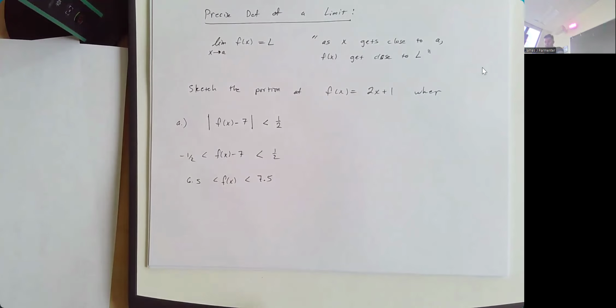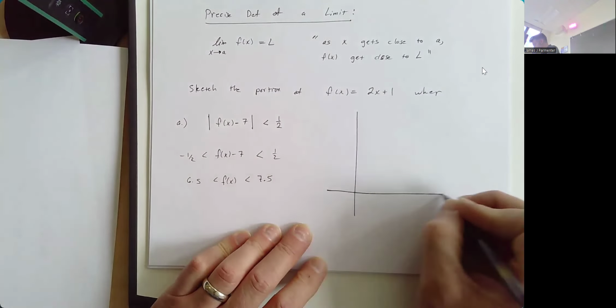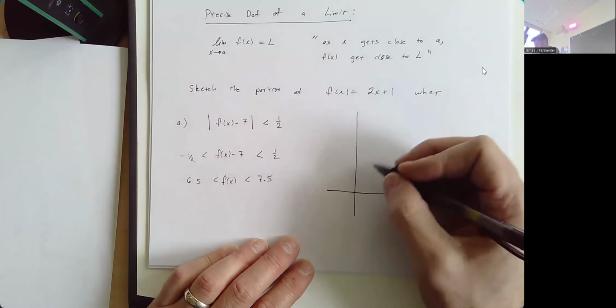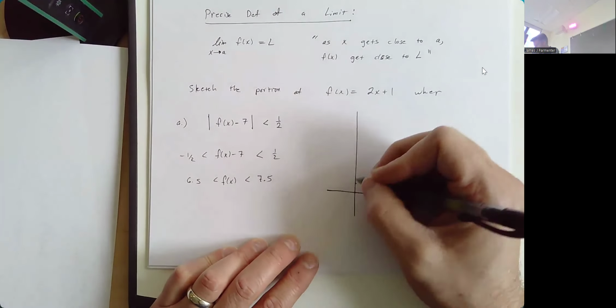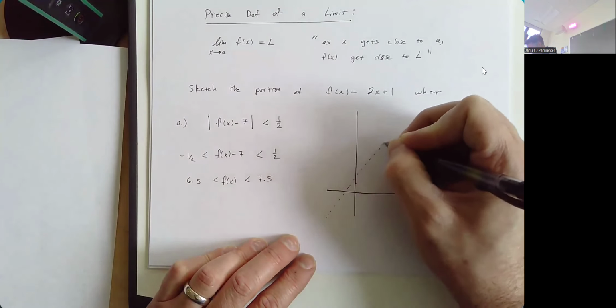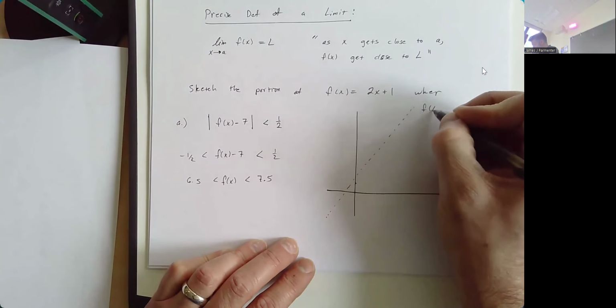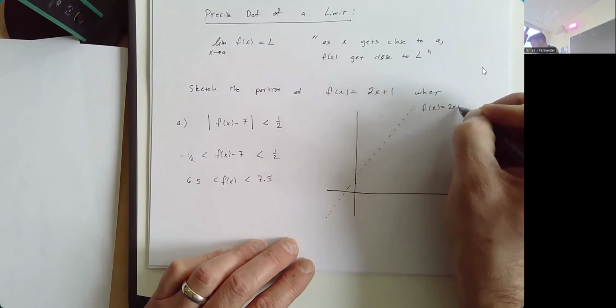So graphically, here's how this looks. I'm going to do my best here. The graph of 2x plus 1 is a straight line. And I guess I'm going to draw and dash the parts I don't want, and I'll fill in the parts I do want. So here's my line, f of x equal to 2x plus 1.